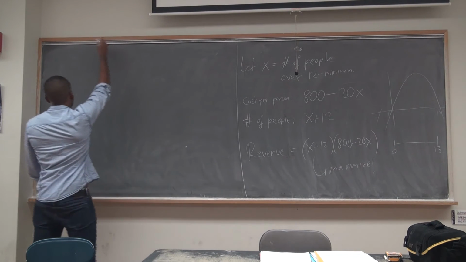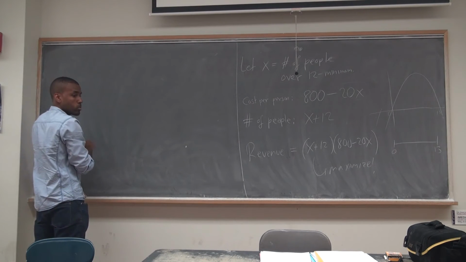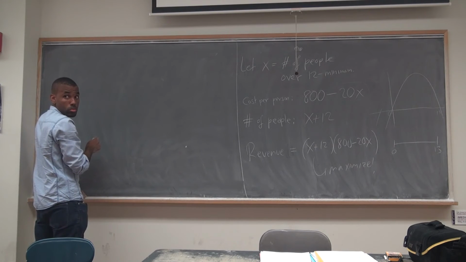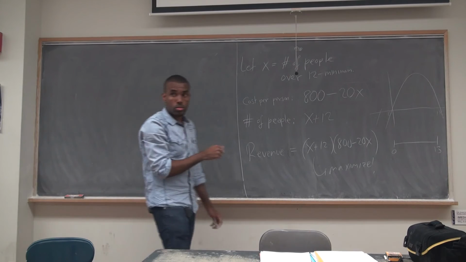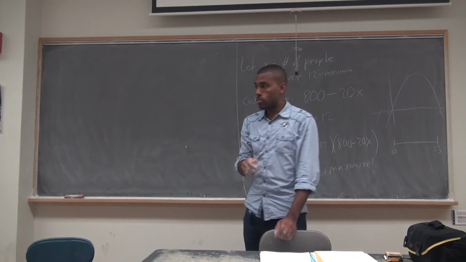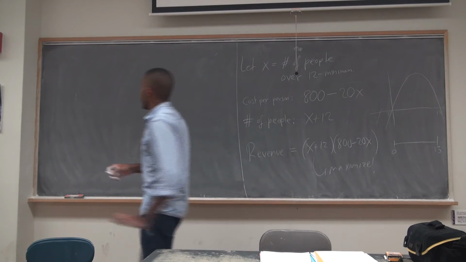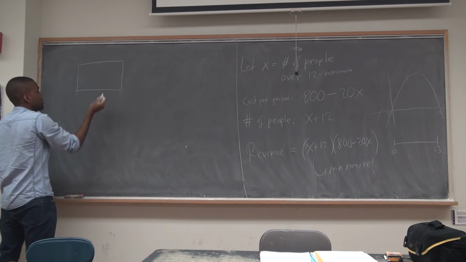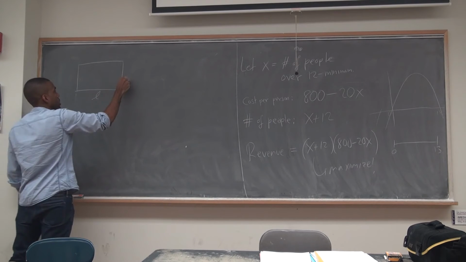Okay. Other problems? Yes, I have like 3. The first one is a related rates problem. The length of a rectangle is increasing at a rate of 8 centimeters per second. Okay, hold on. So I have a rectangle. Call this the length and the width.